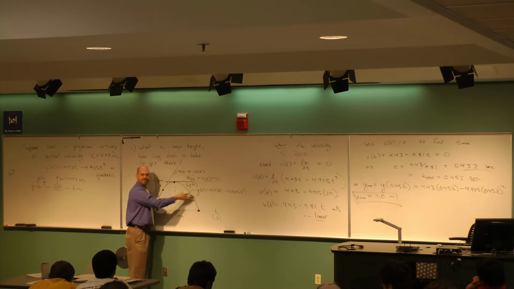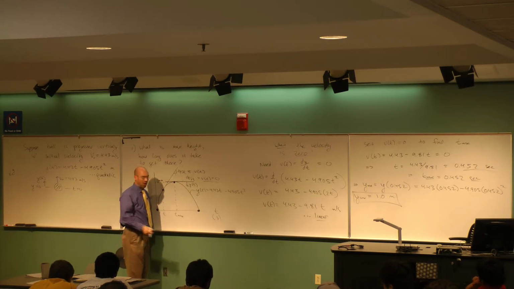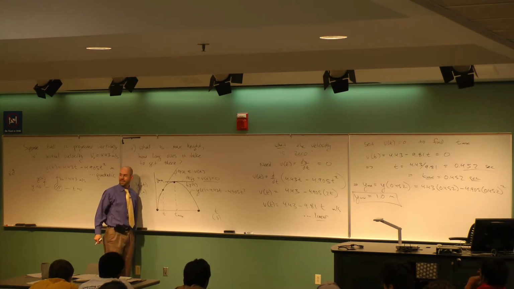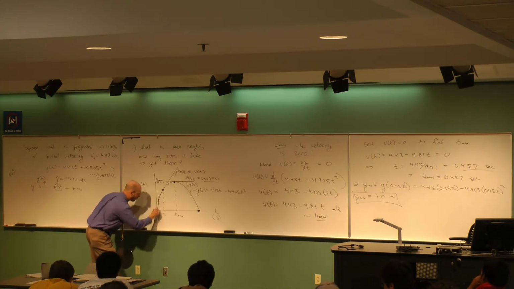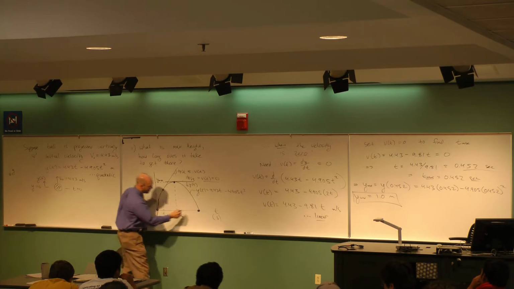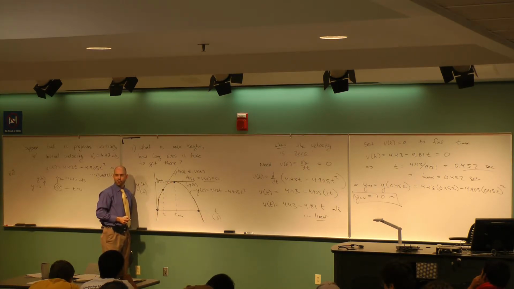Isn't the second half of this problem the entire first problem? So isn't this a parabola that is symmetric? So that means isn't the slope right here the same as the slope right there? What's the value of that slope? 4.43.